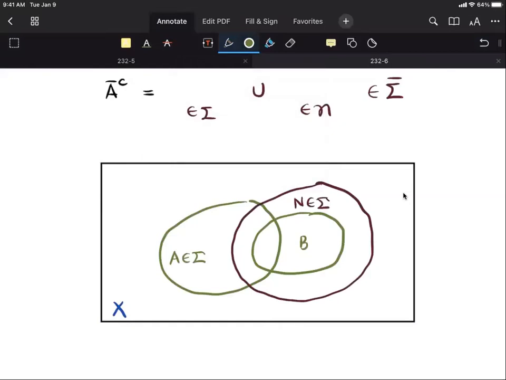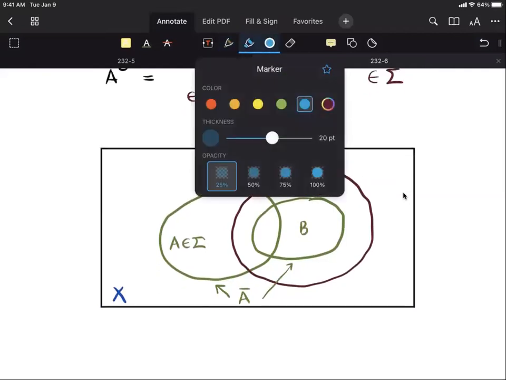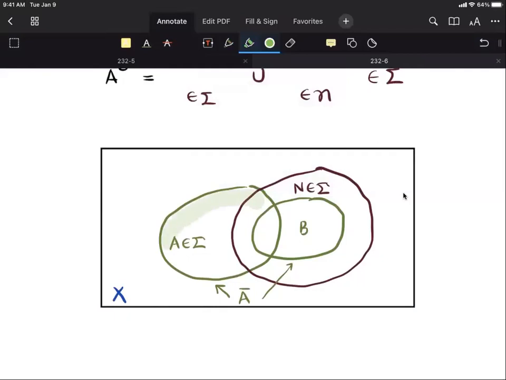And these two parts here is A bar. So A bar is the union of B and A. So let us highlight that one. So this would be your A bar.